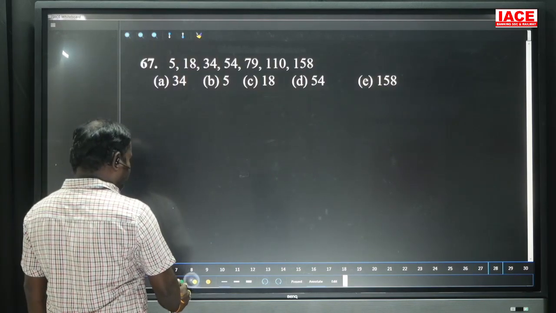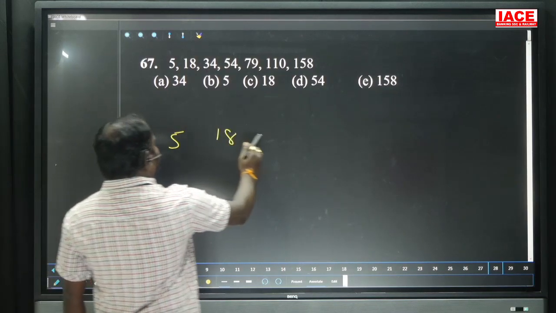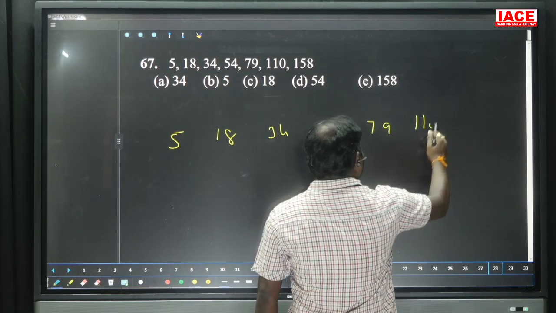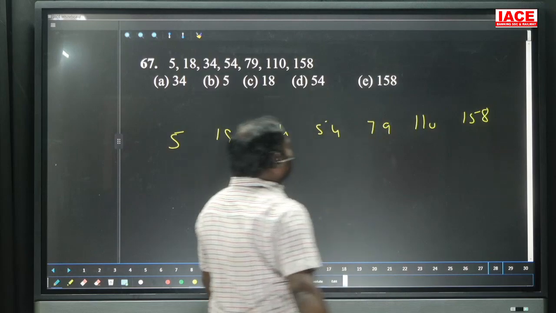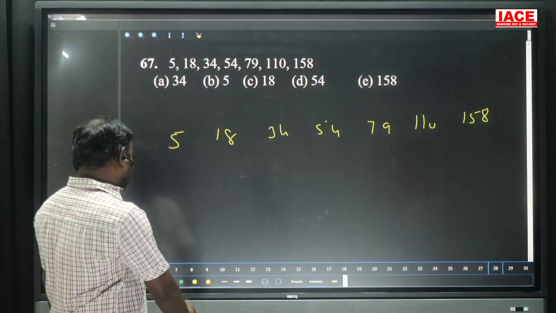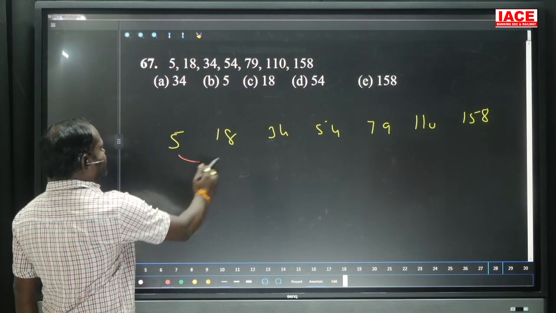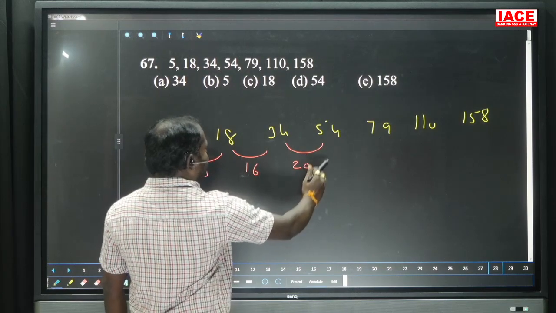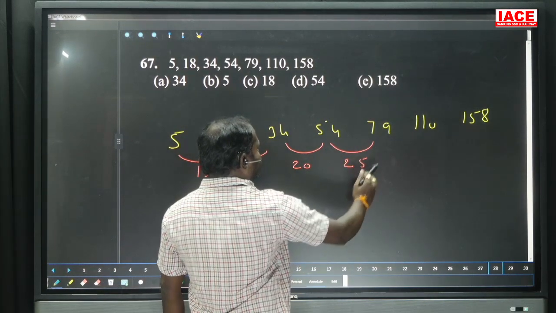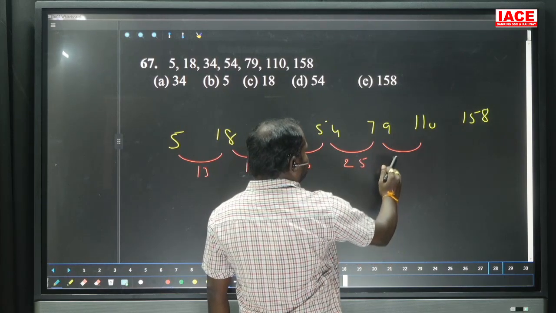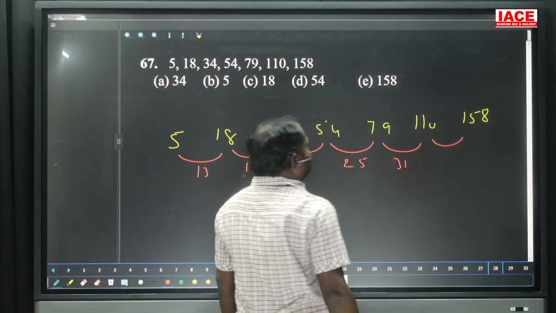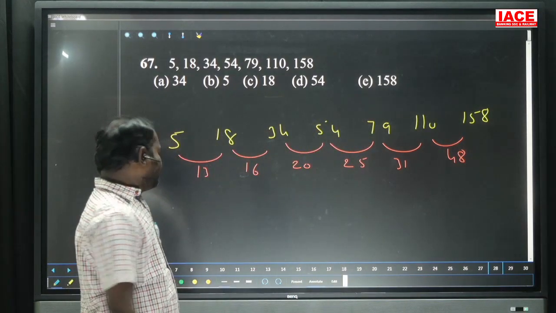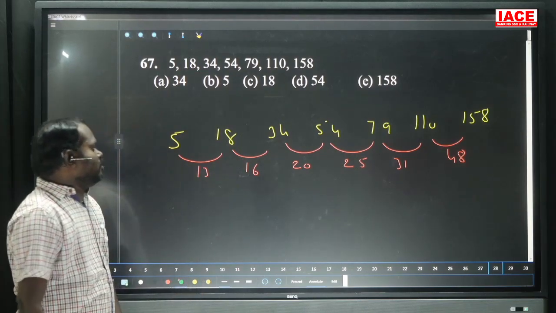Next. 5, 18, 34, 54, 79, 110, 158. All the numbers are nearby, just see the difference here. The differences are 13, 16, 20, 25, 31, 48.